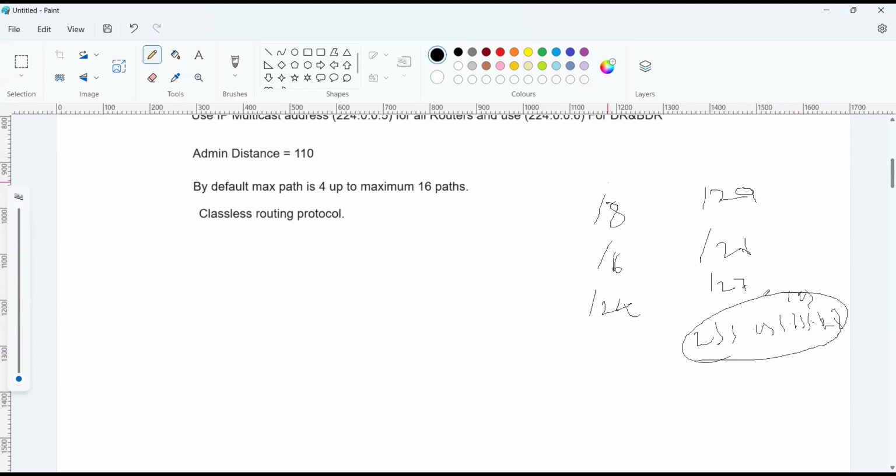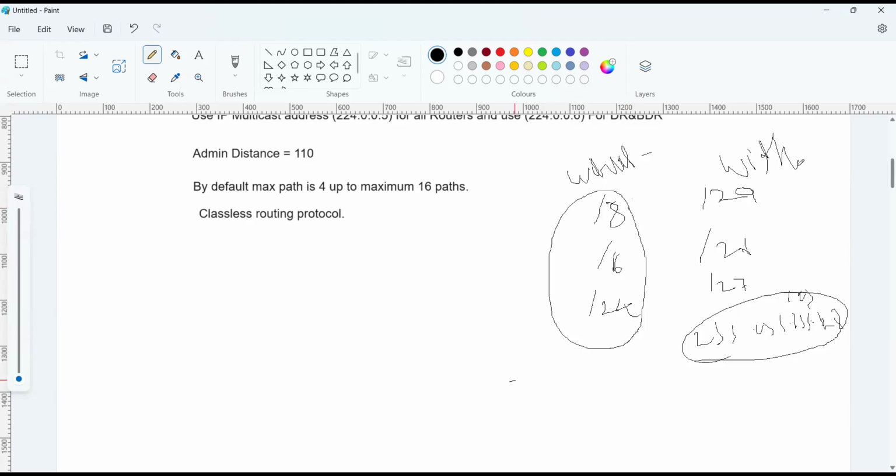Now coming to the classless routing protocol, it will carry the subnet mask information. Classful won't carry it: whichever default subnet mask is there, only that will be carried.